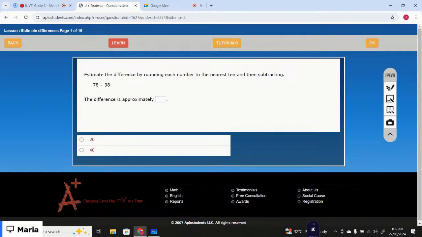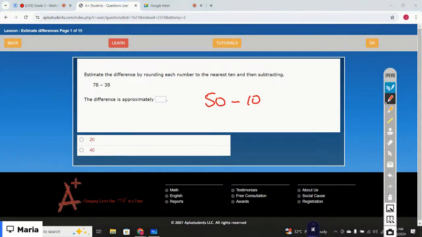Estimate the difference by rounding each number to the nearest 10 and then subtracting. So which is the correct option? 78 minus 38. 78 is rounded off to 80 and 38 is rounded off to 40.